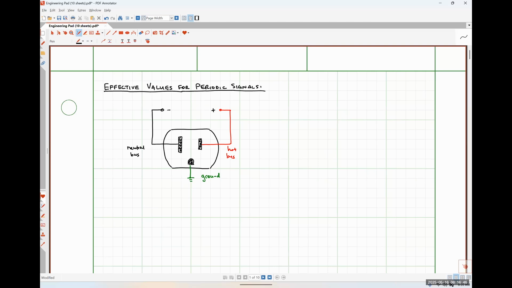So is the voltage that's provided by one of these receptacles a DC quantity or an AC quantity? It's AC, okay? So if we hooked up an oscilloscope to this guy, we would see that it is a sinusoidally varying voltage. And that sinusoidally varying voltage actually ranges all the way from just shy of 170 volts to just shy of negative 170 volts.